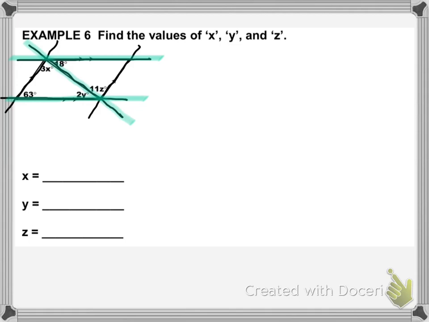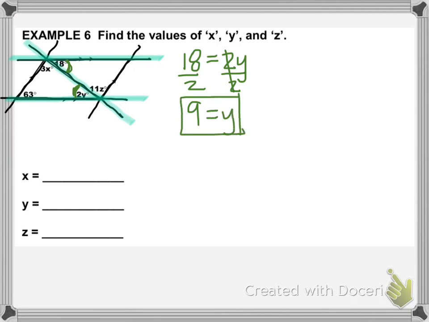I see this 2y and this 18, and those are alternate interior angles, which means they are congruent. So I might start off by setting them equal to each other: 18 equals 2y. We've got to start somewhere. I can solve that very easily by dividing both sides by 2, and then y equals 9. So there's one of my values.